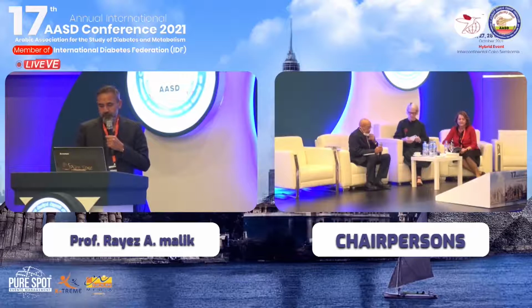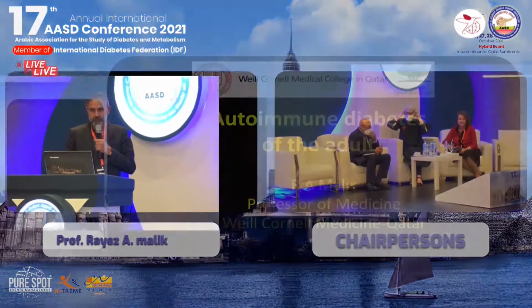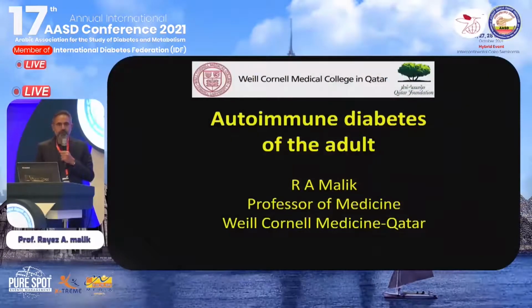Okay, so in the next 17 to 20 minutes, I'm going to give you a run through recognizing different types of diabetes beyond the traditional types that we look for.